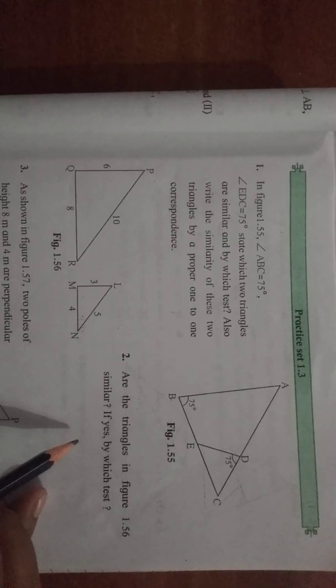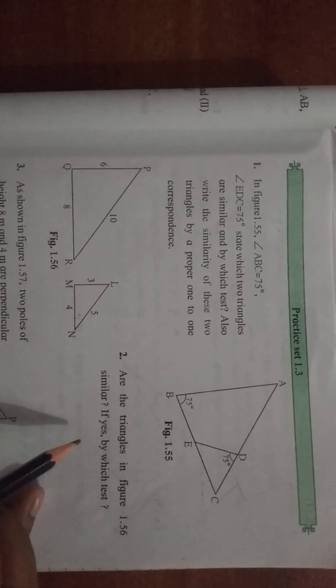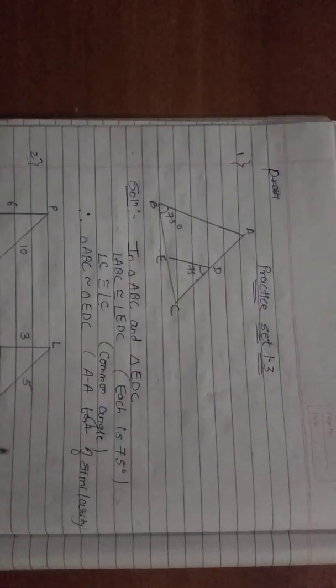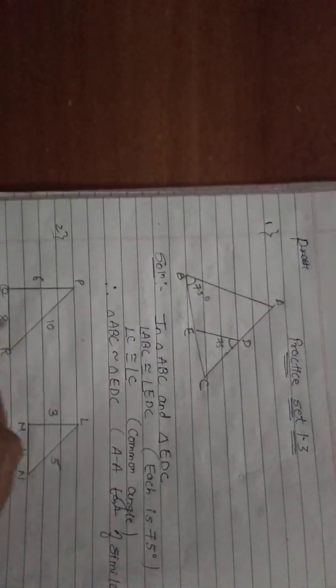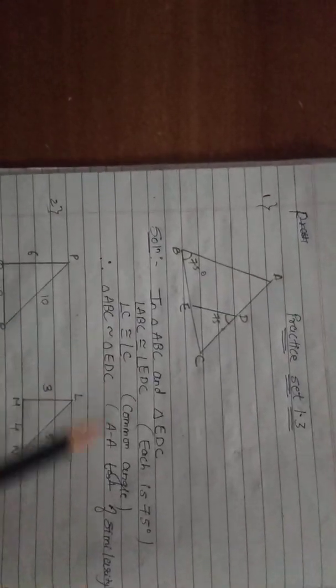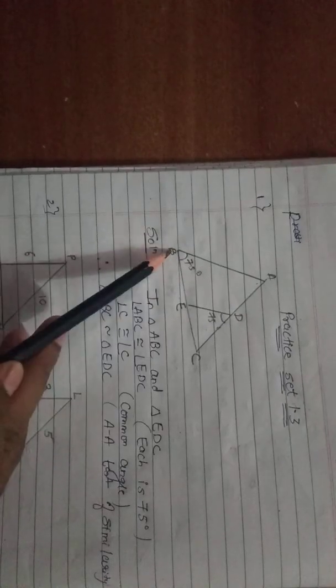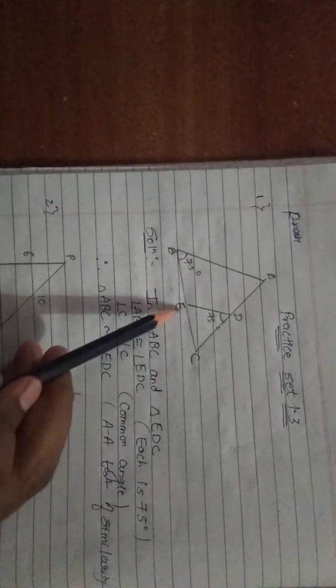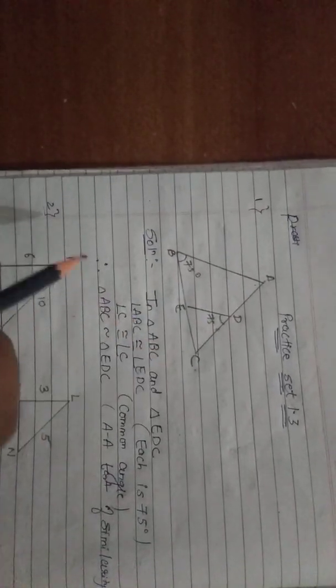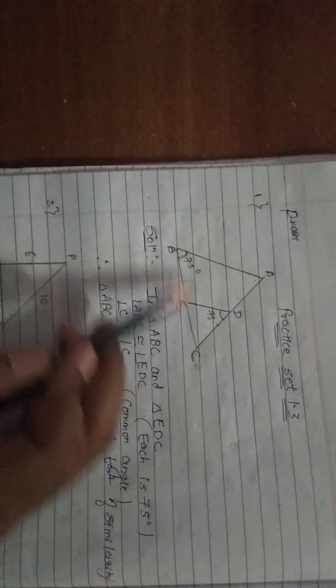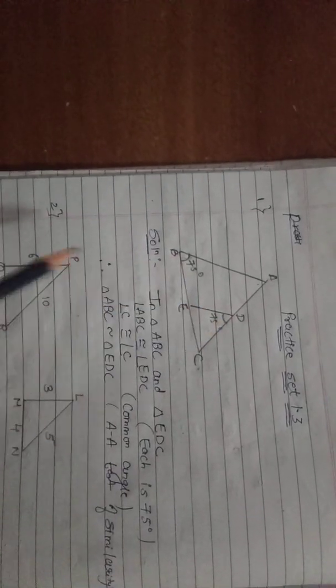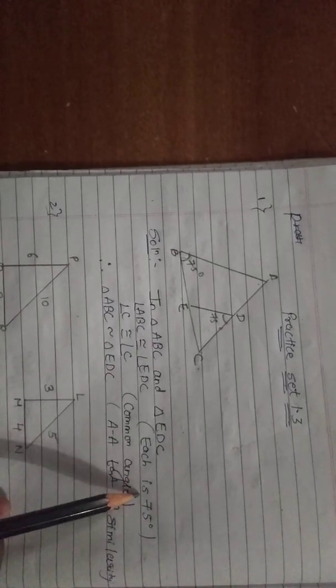Also write the similarity of these two triangles with proper one-to-one correspondence. Let us solve this sum. In triangle ABC and triangle EDC, angle B and angle D are congruent, each is 75 degrees.